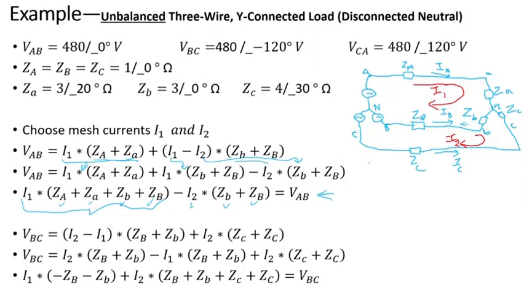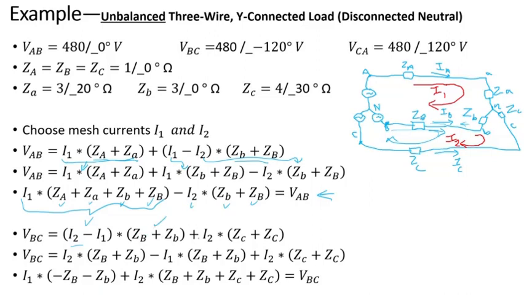Then I can go around the I2 mesh and do the same thing. VB is here, VC here. I'm going to go from B this way and come around. If I do that, VBC is equal to, because the current flowing in this direction is I2 minus I1, times ZB plus zb.